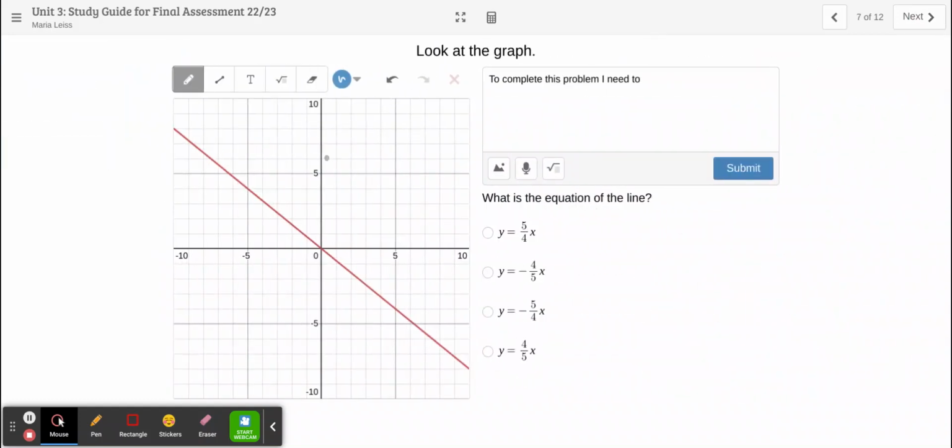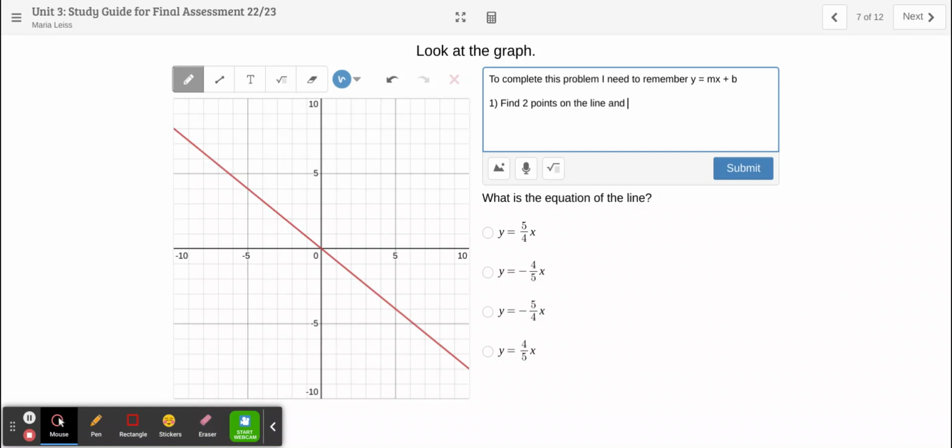All right, let's go to slide 7. Here's what we got to know. This messes with a lot of people. We have to find an equation. So to complete this problem, I need to remember y equals mx plus b. Okay, the first thing, find 2 points on the line.